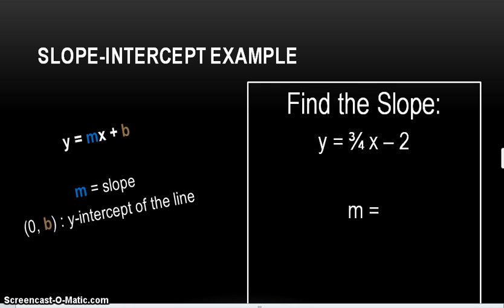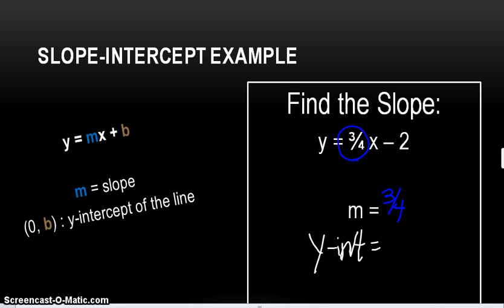All right, so if I give you y equals 3/4 x minus 2, and let's say that I ask you the slope, but I also ask you, what is the y-intercept? Okay, if I were to ask you the slope, you should be able to tell me that it's the number right before the x, which in this case is going to be 3/4. Okay, and then if I ask you for the y-intercept, that's where it gets a little bit tricky on this one.